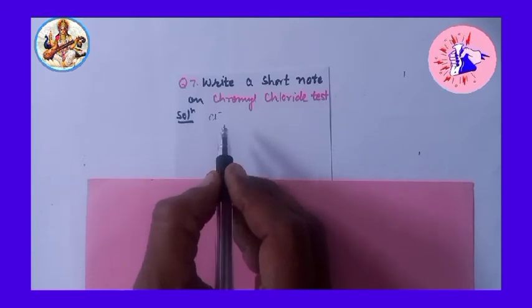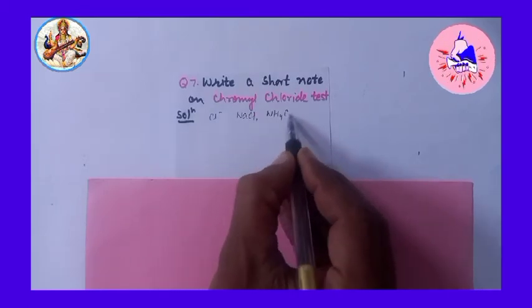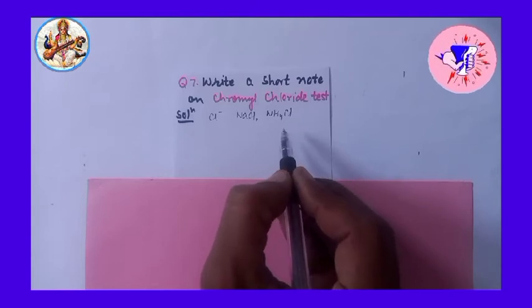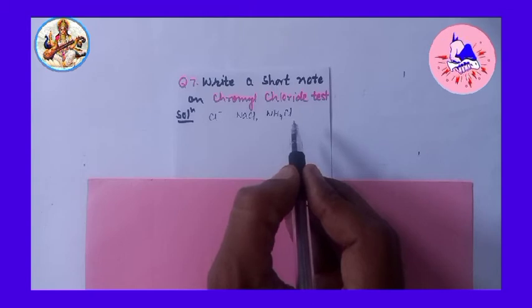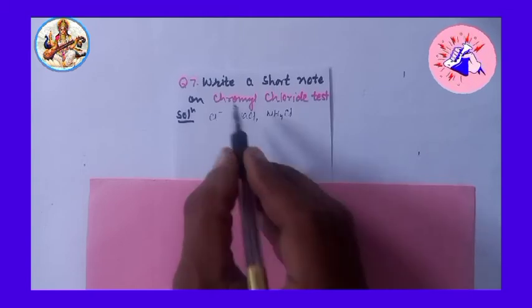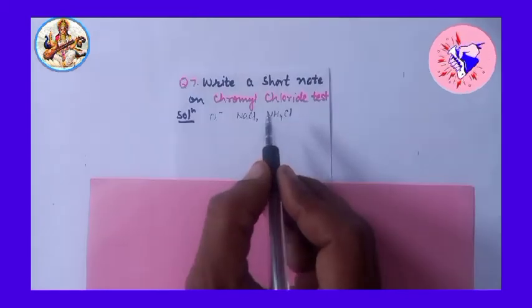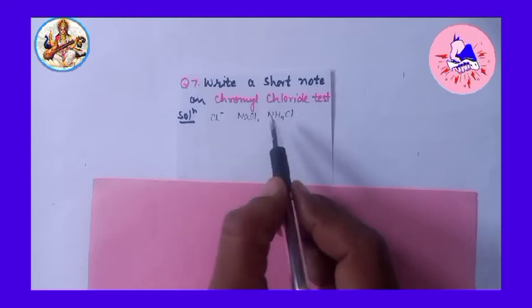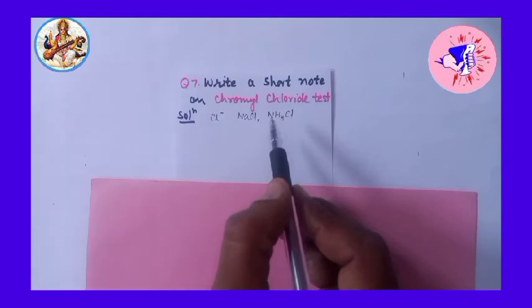If any chloride salt like NaCl, ammonium chloride, etc. is heated with acidified potassium dichromate, it produces orange-red fumes of chromyl chloride. The fumes are of chromyl chloride, therefore the test is known as the chromyl chloride test.